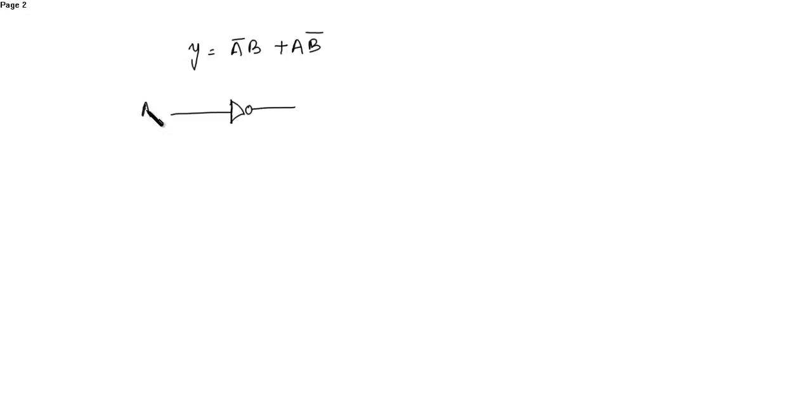Similarly we have B and B bar. So you need two AND gates.